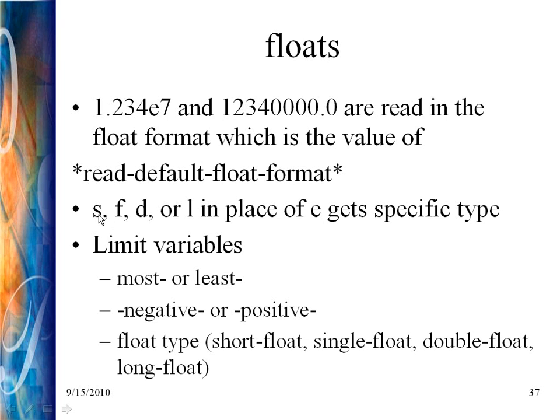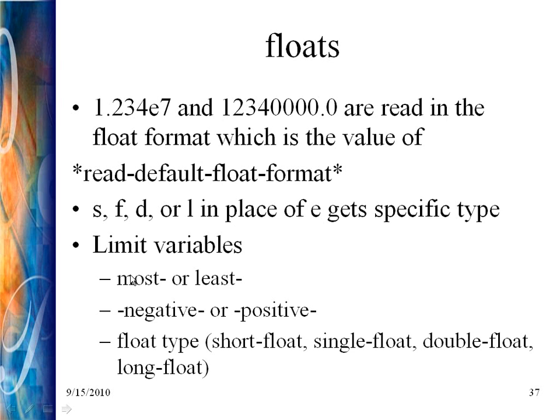Then you'll get what you specify: a single float for S or F, because in Allegro Common Lisp and in most programming languages, short floats and single floats are the same thing. A double float for D or L. Most people just use F or D or S. S and F people use pretty interchangeably. Very few people use L unless the implementation actually supports long floats different from double floats.